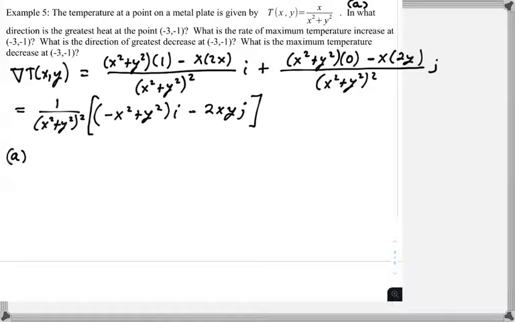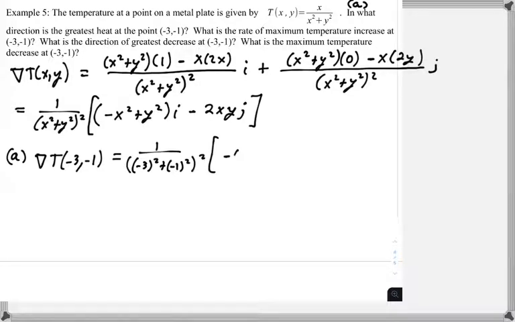Okay, so part A, we're going to look at the direction of the greatest heat increase at -3, -1. So we're going to go ahead and evaluate at -3, -1. So it's going to be 1 over the quantity -3 squared plus -1 squared, that quantity squared, times negative -3 squared plus -1 squared, and then minus 2 times -3 times -1.